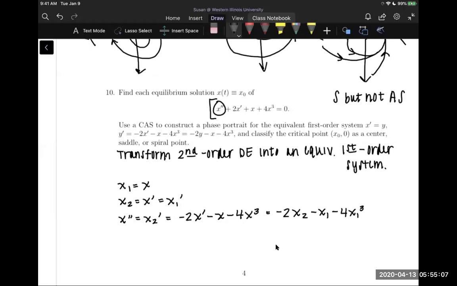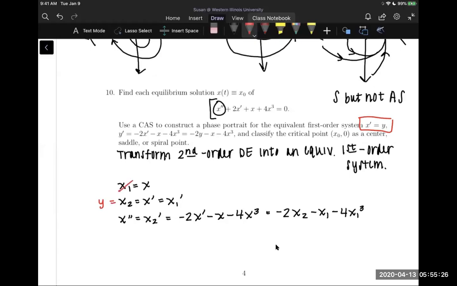Now you'll notice what they ended up doing is they let x prime be y. So in other words, they let all of the x2s be y, and then they let x just essentially be itself.